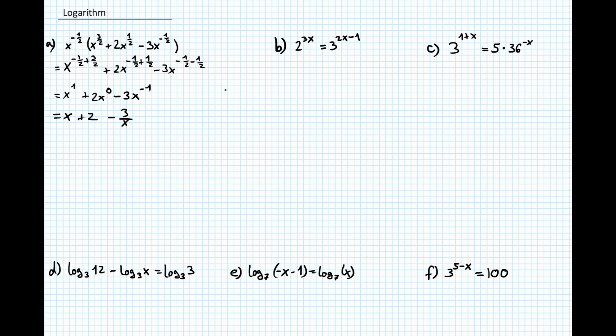We just have to find x in this example. So what we can do here is just take the logarithm. Let's just take base 10 basically.